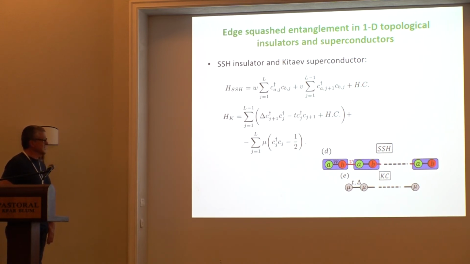You know that the SSH is defined on unit cells with two different species of fermions for each unit cell, while the Kitaev chain is defined with one fermion per site with some chemical potential that we take to be uniform, but of course we can also consider the case of disorder and have non-uniform hopping or non-uniform offset energy.